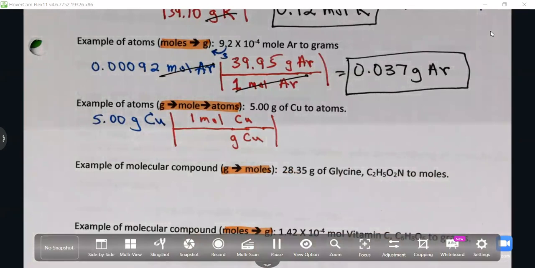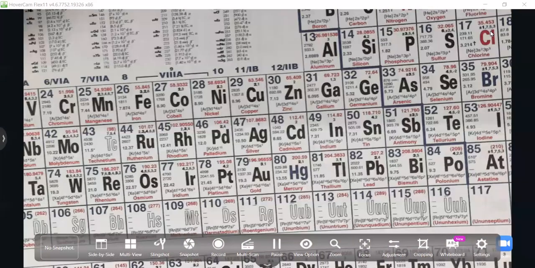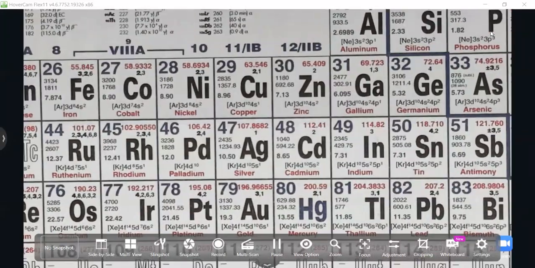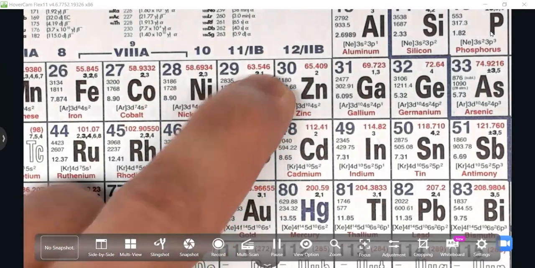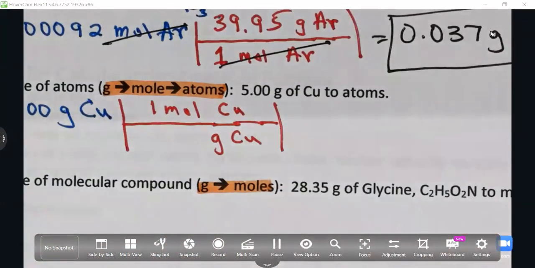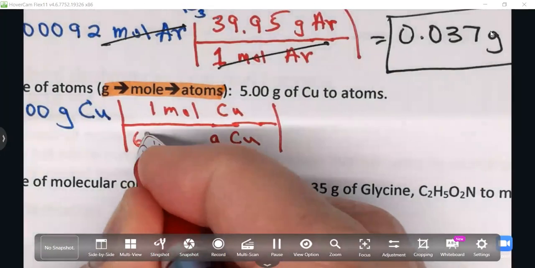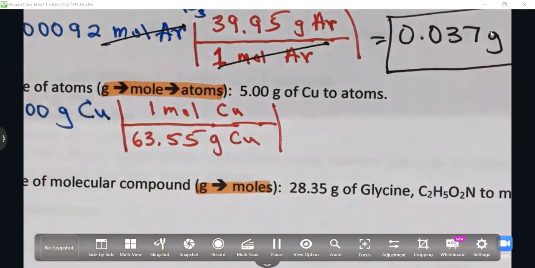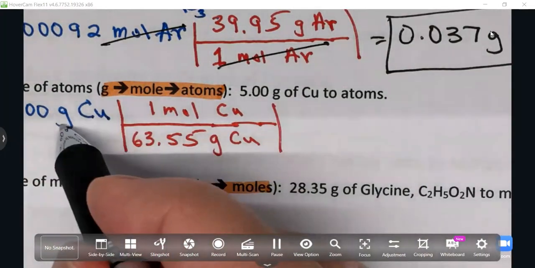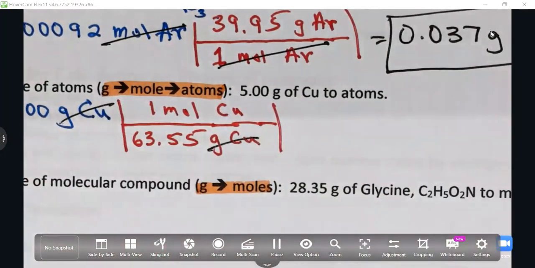We're going to put our 1 mole of copper up above. And for copper, we would get 63.546, so 63.55. Grams of copper cancel out. And then you ask yourself, well, do we want moles?